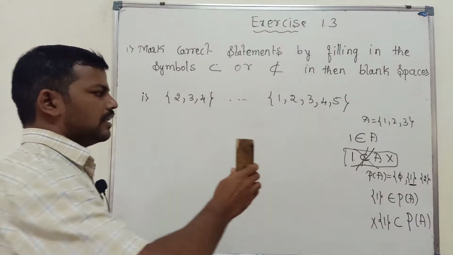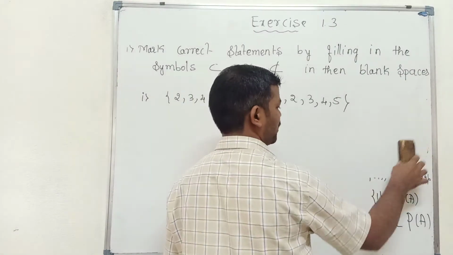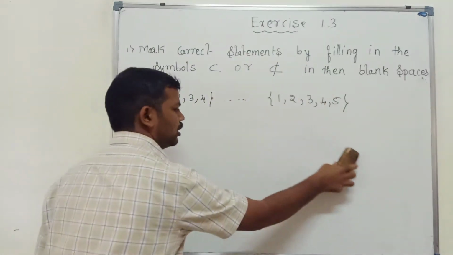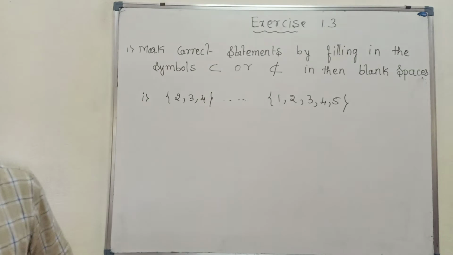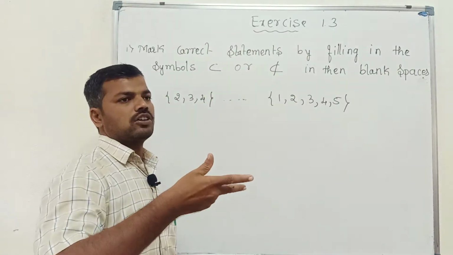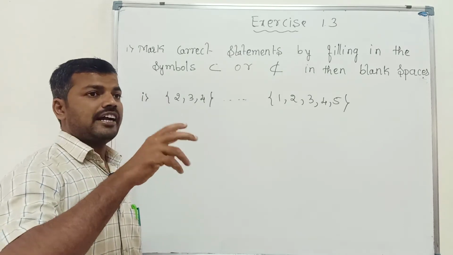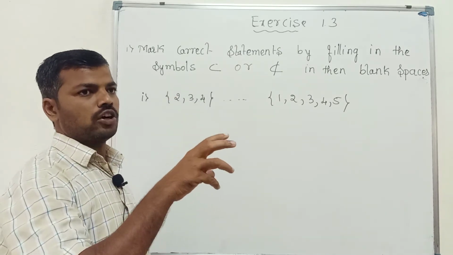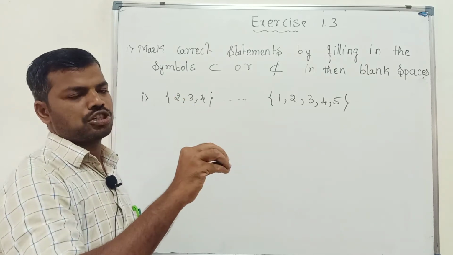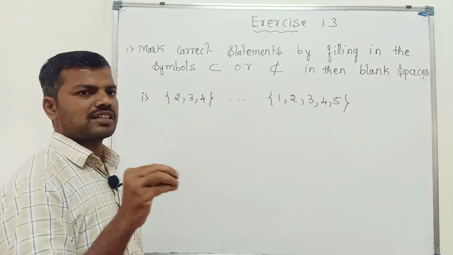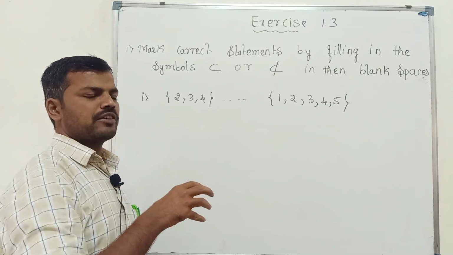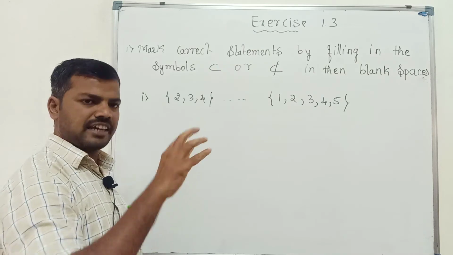So simple logical things you have to remember about which symbol to use. Certain examples come where you have to identify whether it is a subset or not a subset, and which kind of symbol to use. We know that A is a subset of B means every element of A is an element of B, then we say that A is a subset.